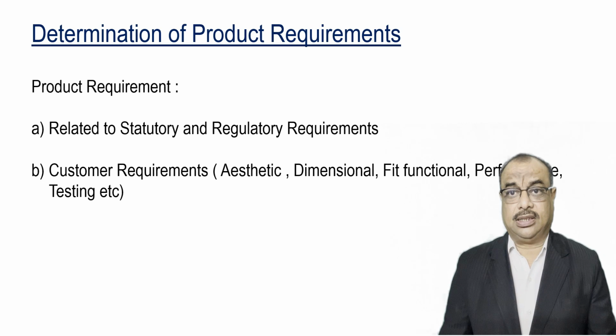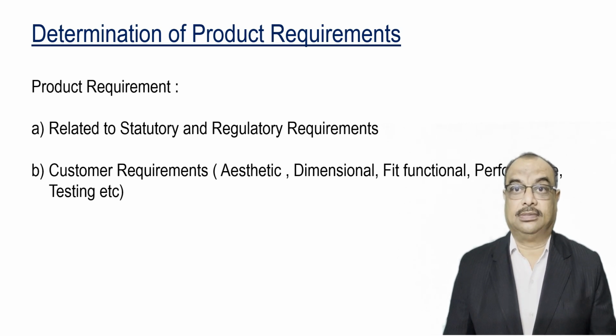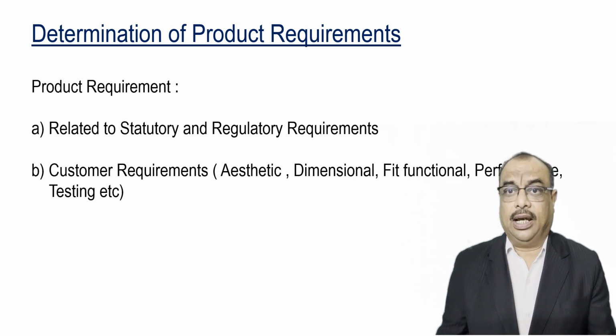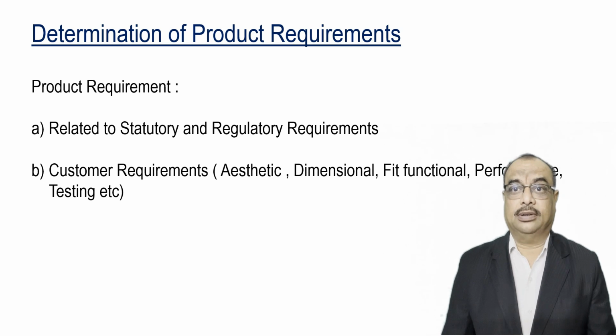The next requirement is that sometimes the organization understands that the customer has not provided all this information, but for this kind of product, some other requirement is mandatory for my product. For example, a sheet metal industry understands the importance of rust.